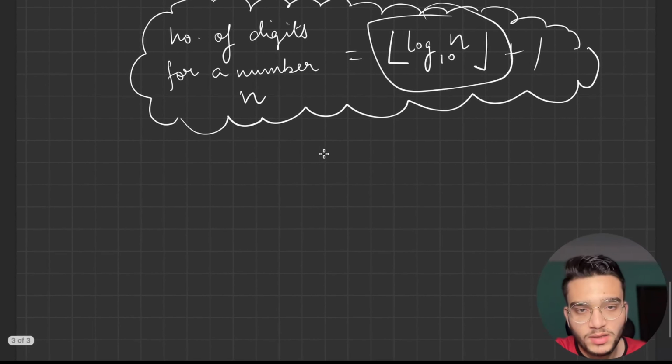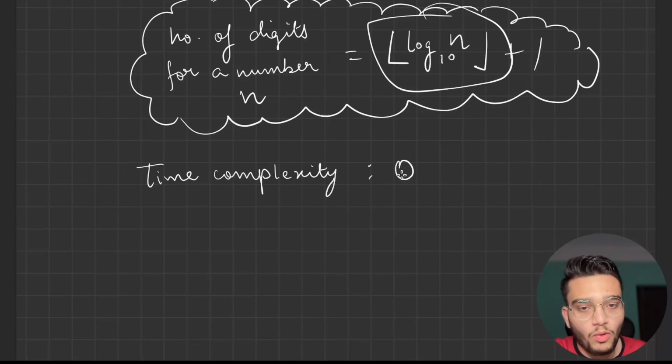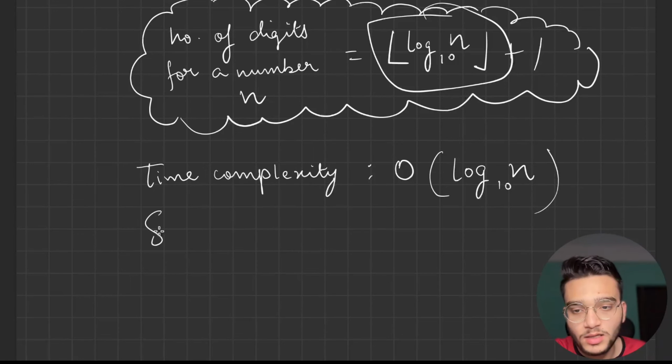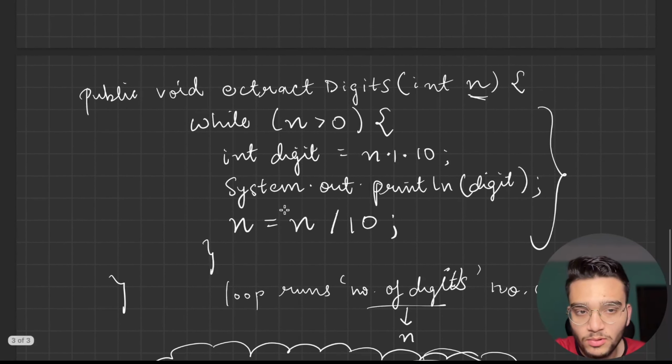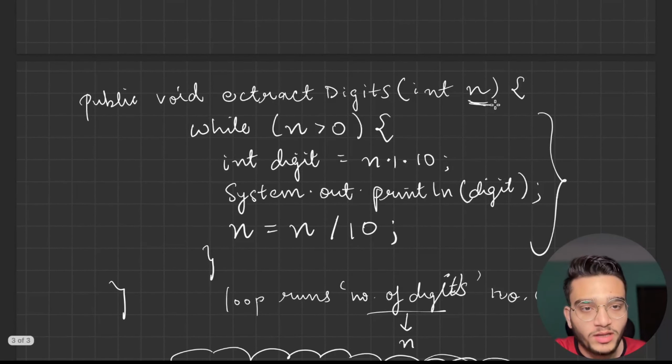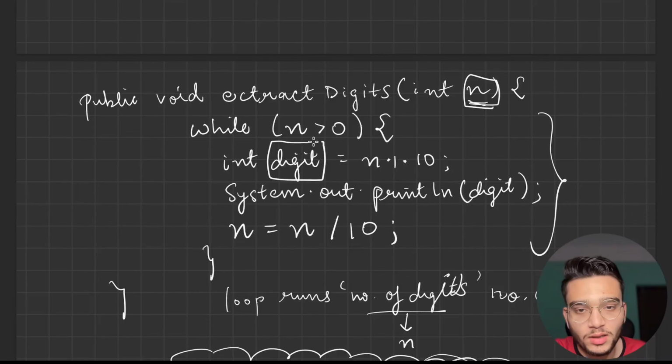So we can say that the time complexity for this algorithm is O of log n base 10, and the space complexity would be, let's see the code once more. So no matter how big the n, we would have this one integer as extra space.